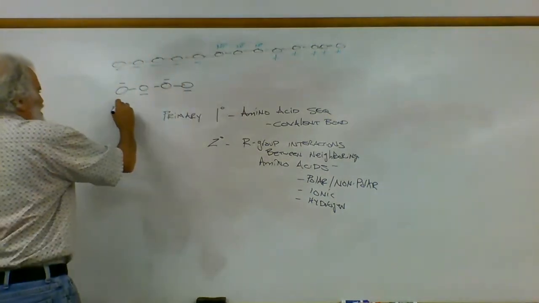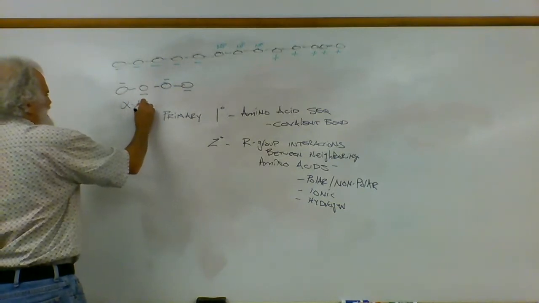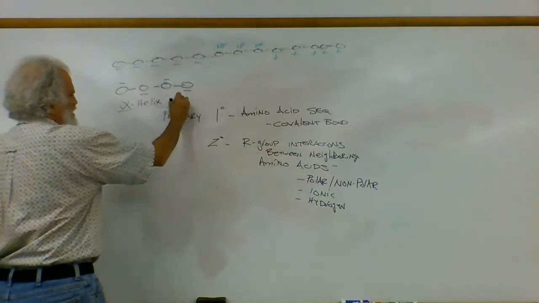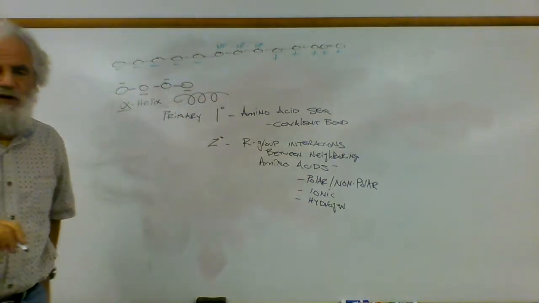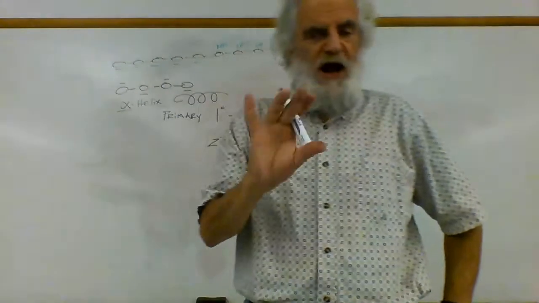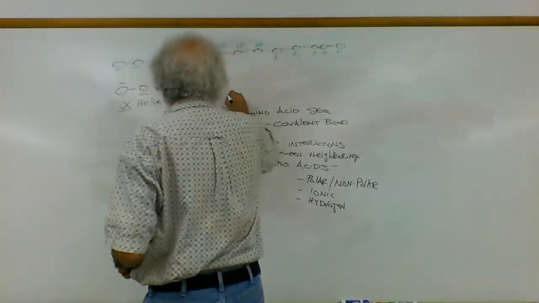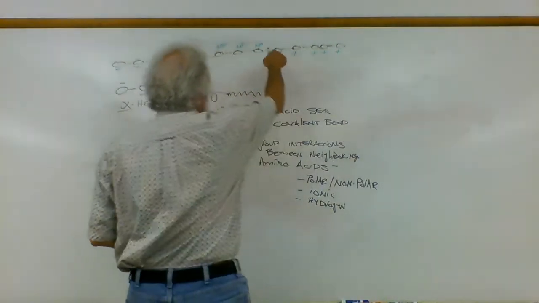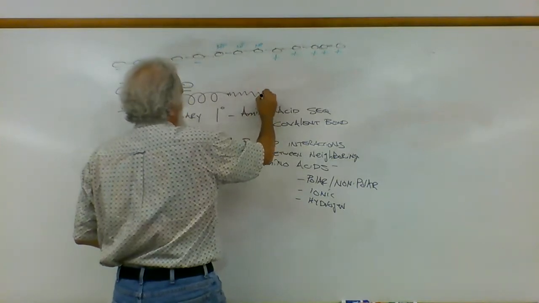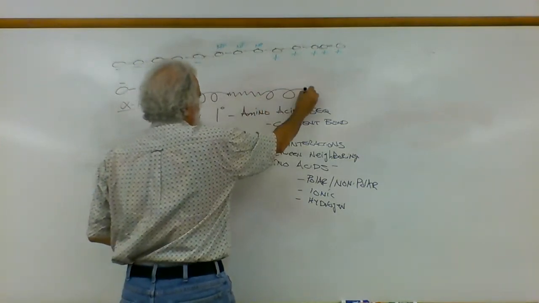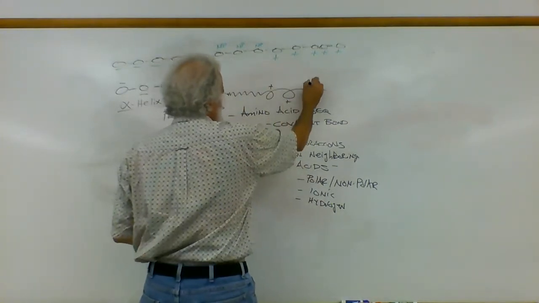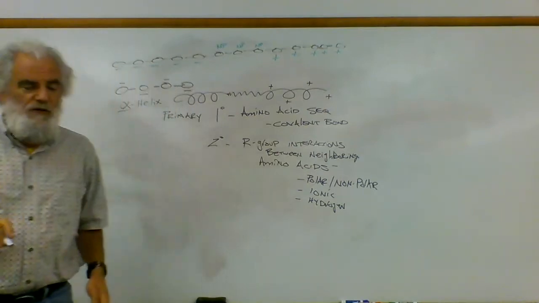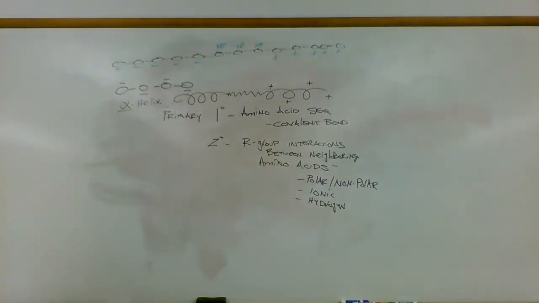It forms what's known as an alpha helix, or an alpha helical twist, like that. The nonpolar guys are going to start their little fat party over here. The stretch of polar amino acids will also form an alpha helical twist, but now they've got their positive charges alternating. Okay? So that's the secondary structure, the neighboring interactions.